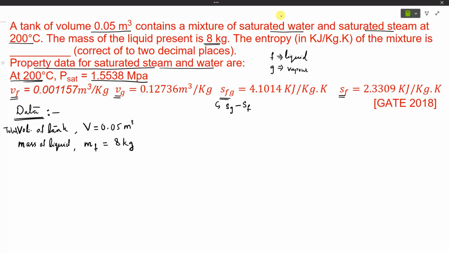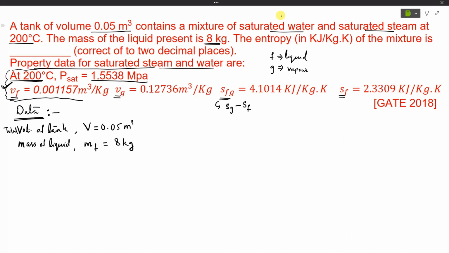So if we see the property data for saturated steam and water at 200 degrees Celsius, the respective properties are given. So this is clearly mentioned here. So we have to refer these data while solving the numerical. Next is, so this is all about the data given in the question.